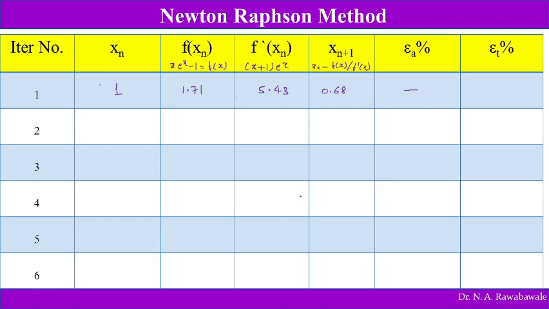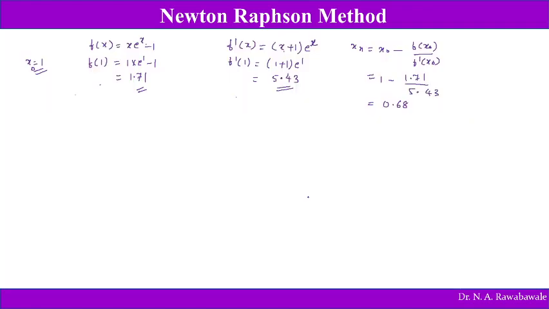So the true error we can find out. The true error is equal to the true value minus the approximate value, divided by the true value, into 100. The approximate value is 0.68, and the true value given in this problem is 0.56738281.